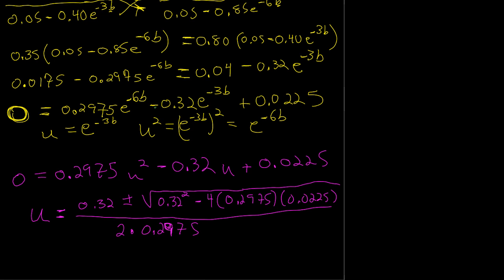And that gives me upstairs 0.595, which I think is exactly what I get downstairs. 2 times 0.2975. Yep, it is 0.595. So one of these answers is u is equal to 1.